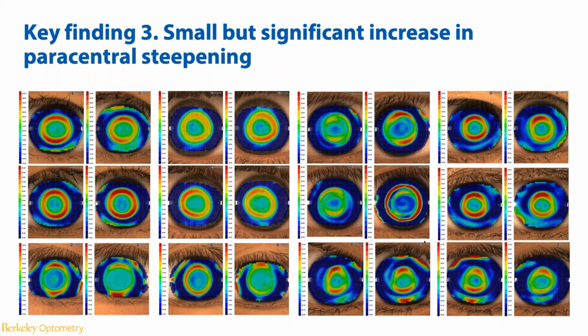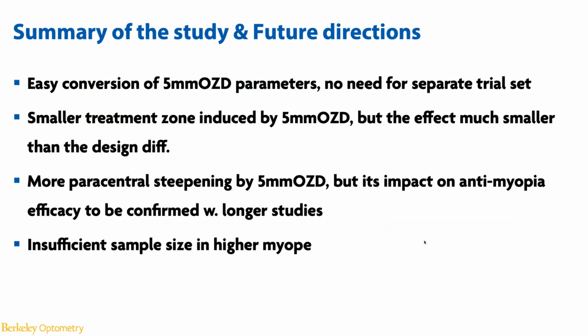So this is basically telling us, yes, a 1 millimeter difference in the optic zone design does cause a consistently smaller treatment zone size and slightly more dramatic paracentral steepening, but the difference is much smaller than what was expected from the magnitude of the design difference.